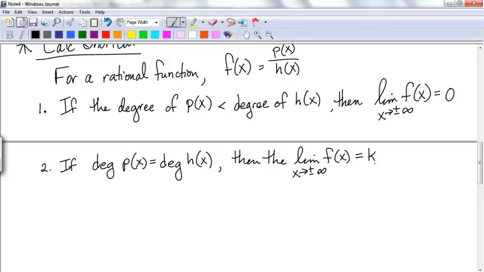They're using k for the constant. A constant's just a number, where k is the ratio of the leading coefficients.